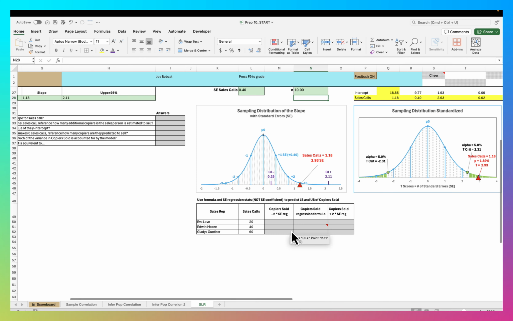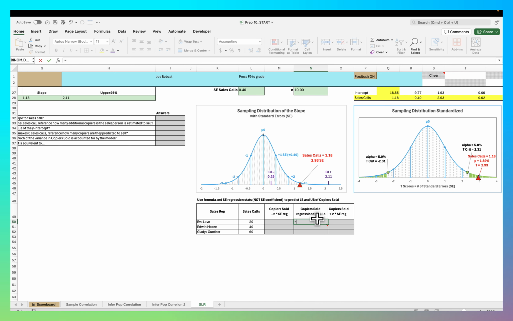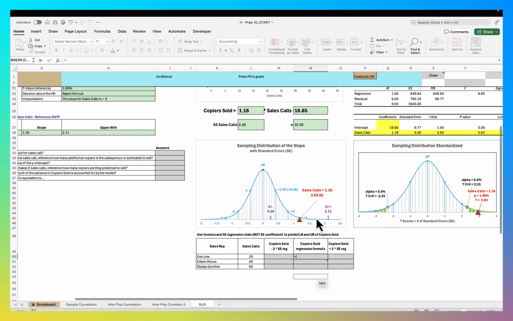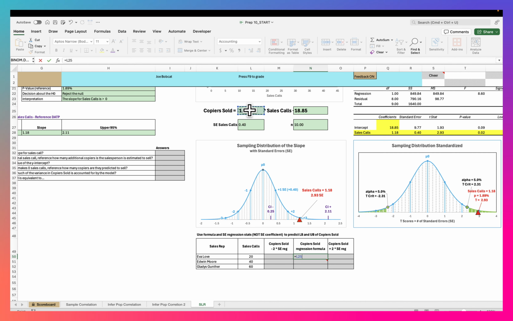So, a couple more things. Now, the whole reason for doing regression, the reason people get so excited about regression is because it can be used to predict other values for which you don't have points already. And you do that with the regression formula. So first let's put in the copiers sold regression formula. So that's equal to 1.18, which will lock because it's not in here, times number of sales calls.